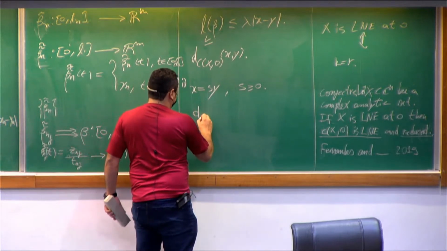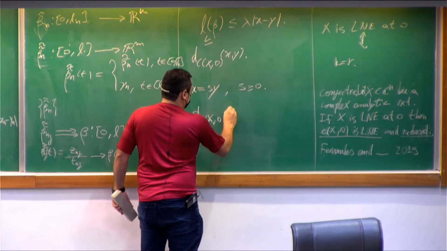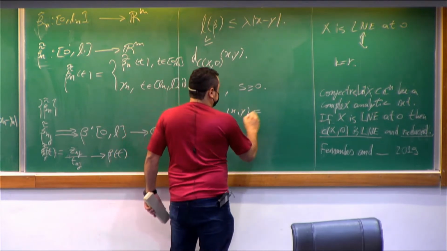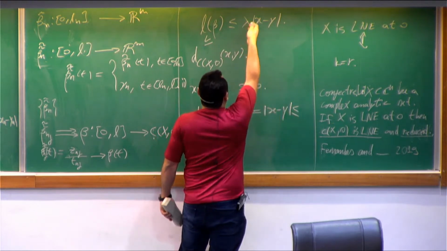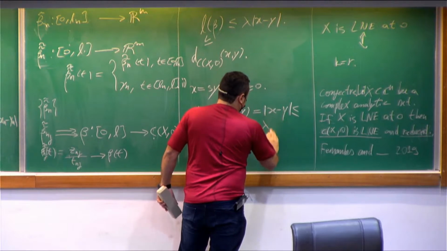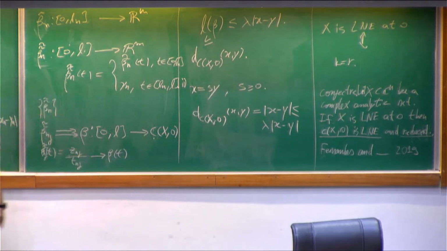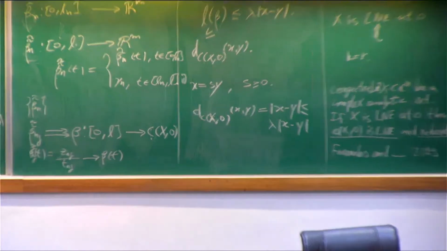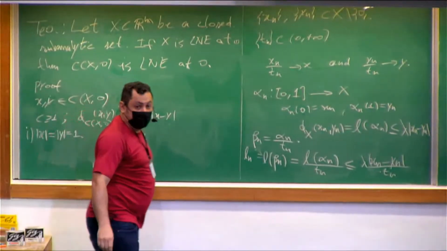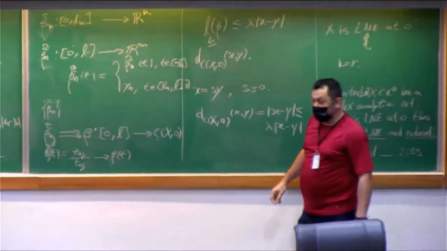The inner distance between x and y is just the norm of x minus y, which is of course less than lambda times the norm of x minus y, because lambda is greater than or equal to 1. In fact, we are going to prove that the constant c is lambda plus 1. Of course, if it's true for lambda, it's true for lambda plus 1.